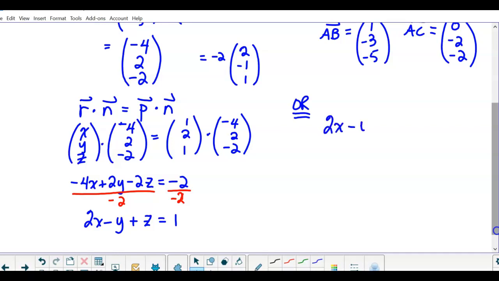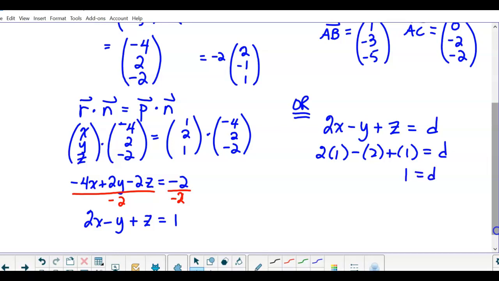So 2x minus y plus z equals some constant term. And you can just substitute a point in it. You have 3 points. So if I put in 1, 2, 1 for x, y, z, that's going to give me my constant term of 1. 2 minus 2 is 0 plus 1. So then I can just substitute that back in.